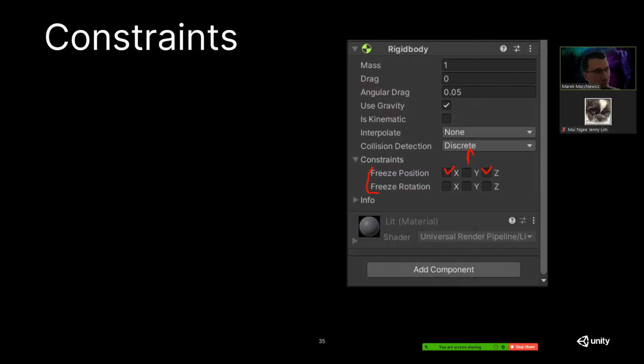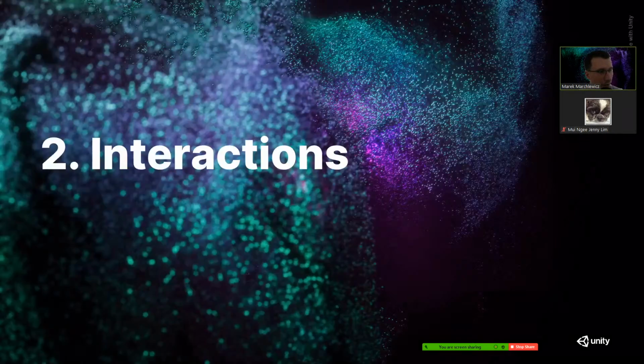And of course you can do the same for the rotations. X, Y, and Z, you can also freeze the rotation. Alright, with that said, let's take a look at the interactions.